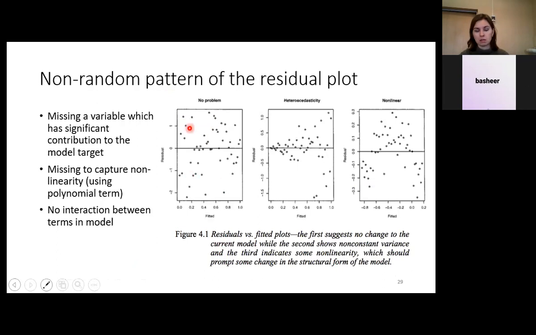So in this case, you have randomly distributed residuals, homoscedastic. What is homoscedasticity? It's a constant variance. Homoscedasticity, you need to remember this word.